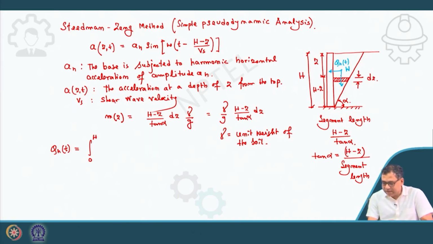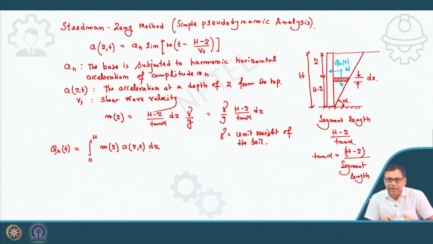The mass at this segment is m_z dz, and the acceleration at that point is a(z,t). So if I put the mass and the acceleration, that will give the horizontal force for the small segment.